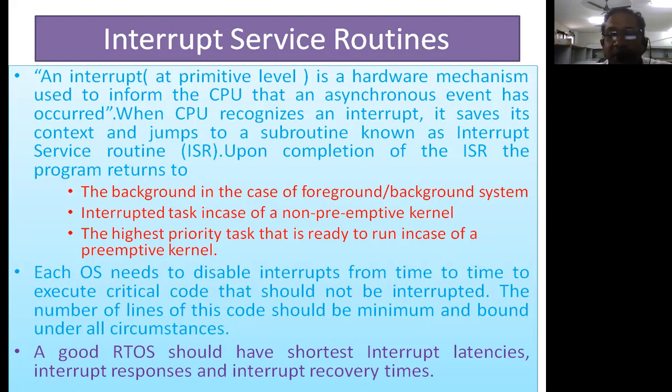Okay, in the case of this particular service routine, it need not come to the location where it has started, because the job is that the highest priority has to be addressed, and the control will go one after the other based on the event register contents. So each operating system needs to disable interrupts from time to time to execute critical code that should not be interrupted.